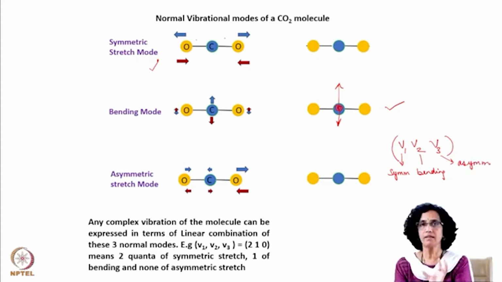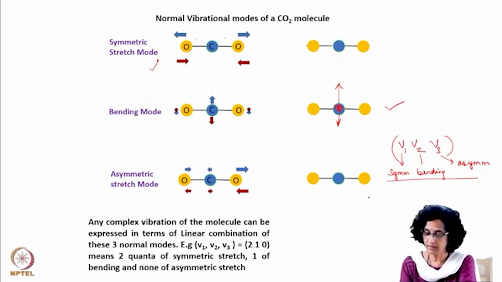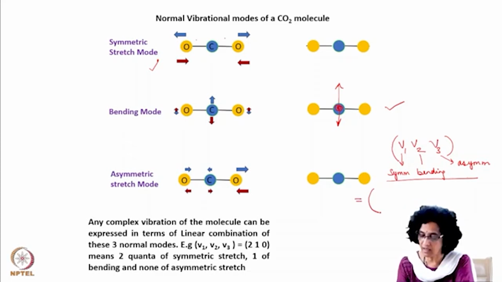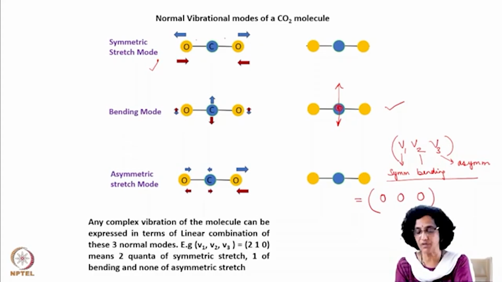So any vibrational state of a CO2 molecule can be told in terms of these three vibrational quantum numbers, and this is represented as, suppose it is in the ground state. So in the ground state, all these three are 0. This is the ground vibrational state.